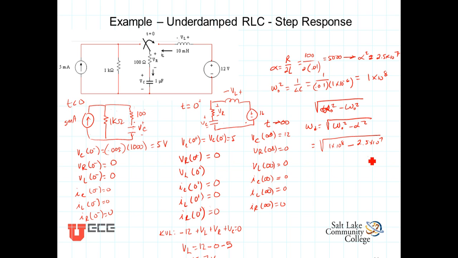The square root of that gives us omega sub d equal to 8660. I'm going to carry along a couple of decimal places just to help us identify this number as we go forward. So omega sub d, the damped frequency, the frequency at which this will be oscillating as it dies out to its new value, is 8660.25, and of course the units of omega are radians per second.